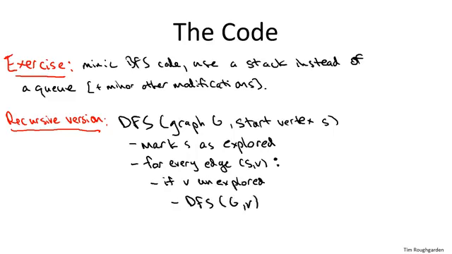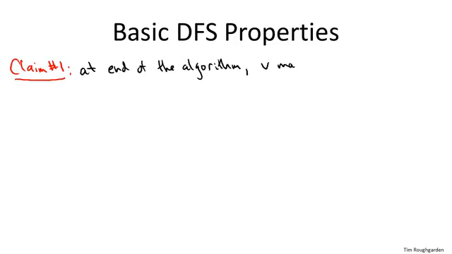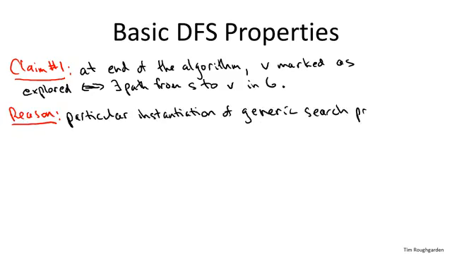The basic guarantees of depth-first search are exactly the same as they were for breadth-first search. We find everything we could possibly hope to find, and we do it in linear time. And once again, the reason is that this is simply a special case of the generic search procedure that we started this sequence of videos about. It just corresponds to a particular way of choosing amongst multiple crossing edges between the region of explored nodes and the region of unexplored nodes, essentially always being biased toward the most recently discovered explored nodes.